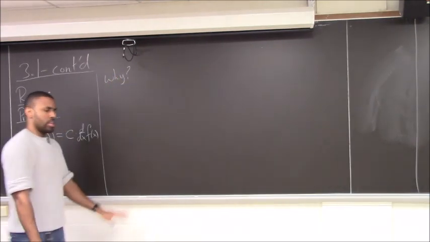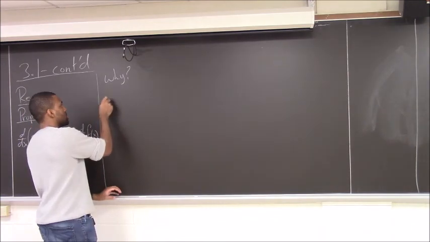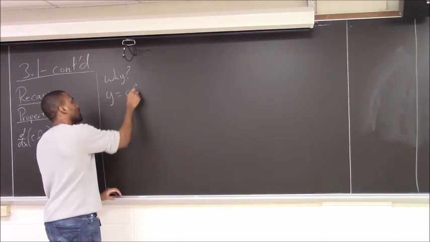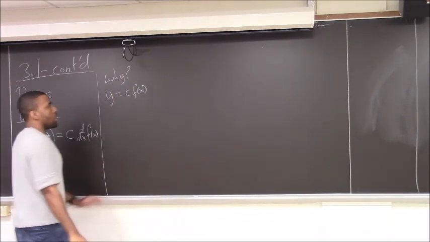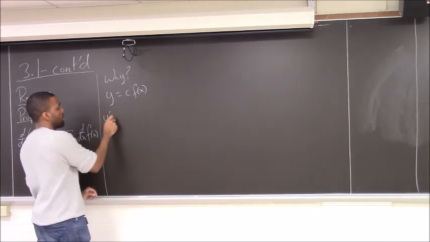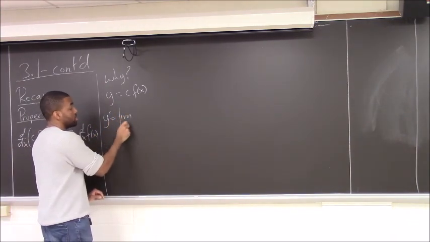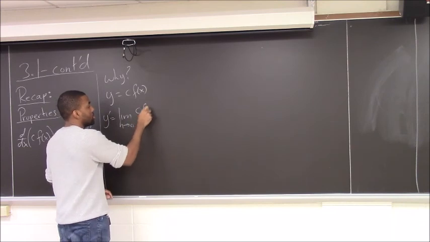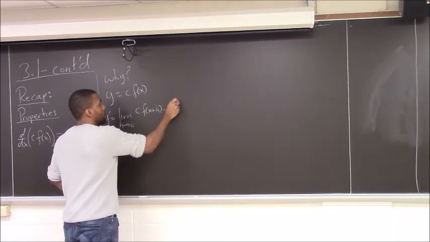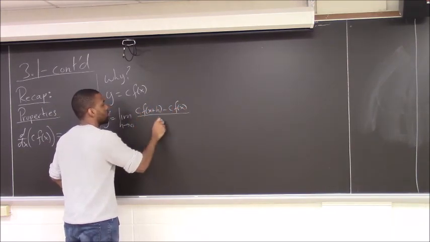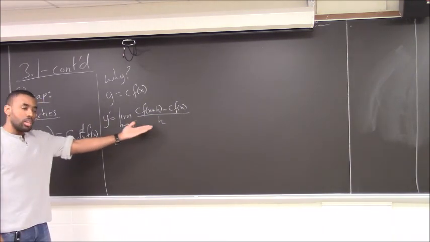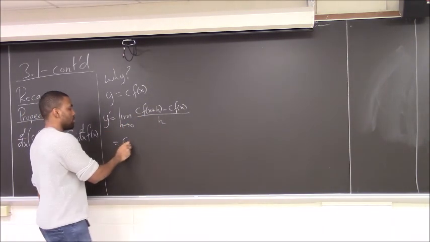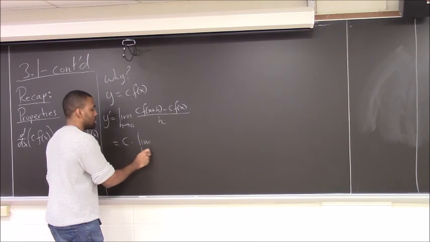I don't think I identified this for you, but why this works is pretty easy to see. If your y is a constant times this one, your y prime would be, using the definition, the limit as h approaches 0 of c times f of x plus h minus c times f of x, all over h. It's a limit rule that we can factor constants outside of limits, so I can factor that constant c out.